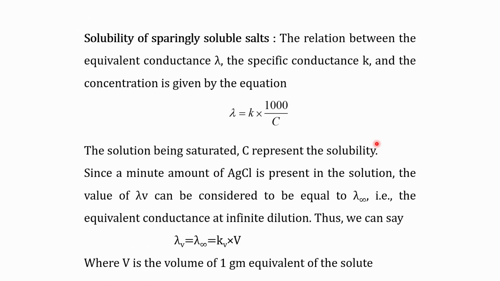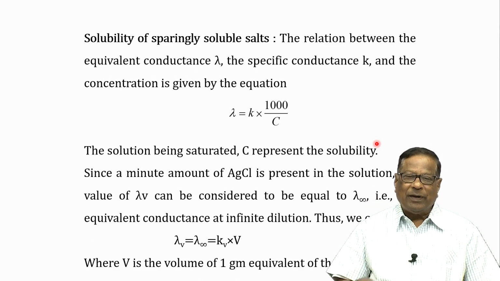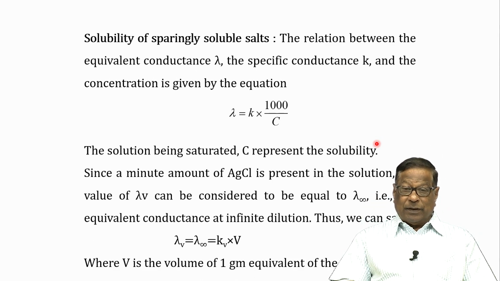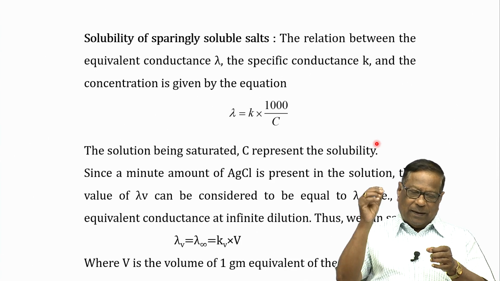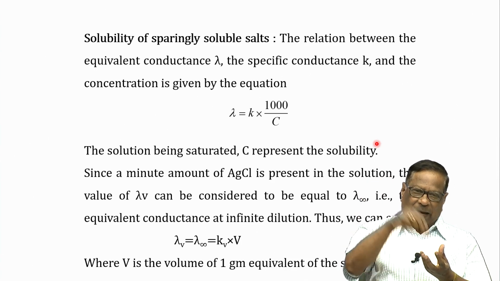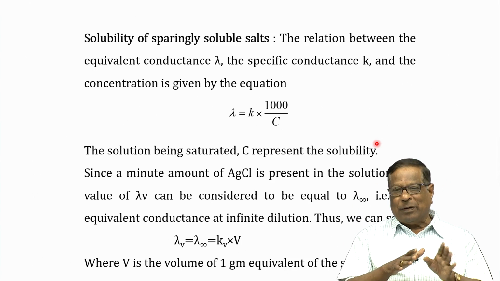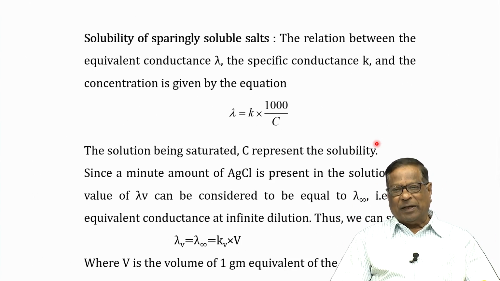Another useful application of conductivity measurements is determining the solubility of sparingly soluble salts. So, what do I do here? You should remember what we had discussed earlier. A sparingly soluble salt is one where, if you take a solution and add your salt, part of it will dissolve, and the remaining part will remain unprecipitated.